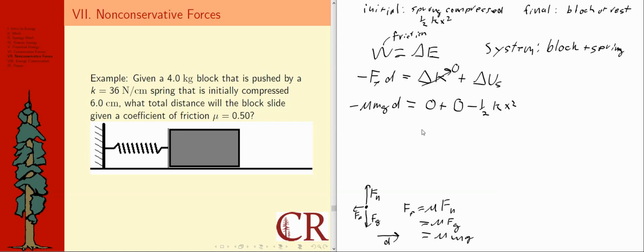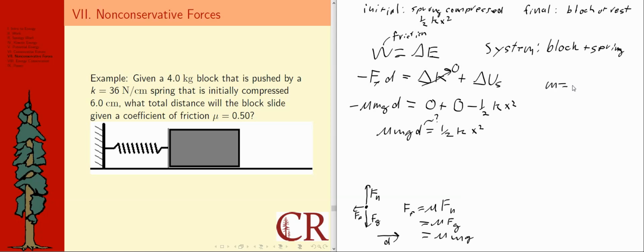is equal to minus 1/2 kx squared. I can knock away those minus signs, get rid of all the zeros, and just say therefore mu mgd is equal to 1/2 kx squared. And d is the question, right? Let's associate the different values here.